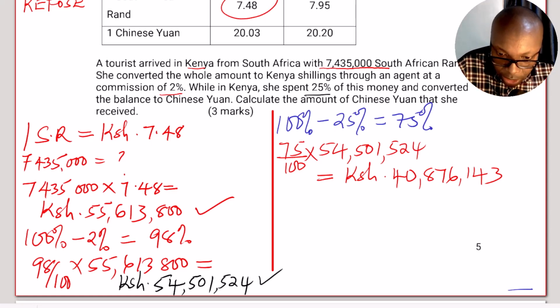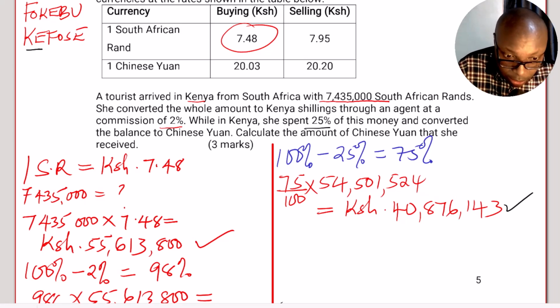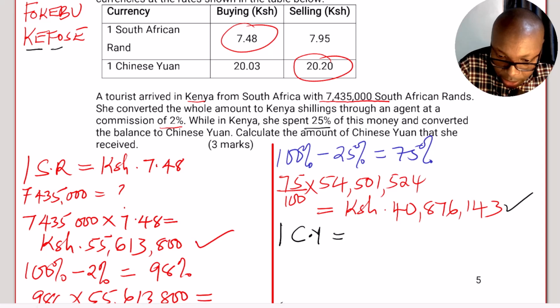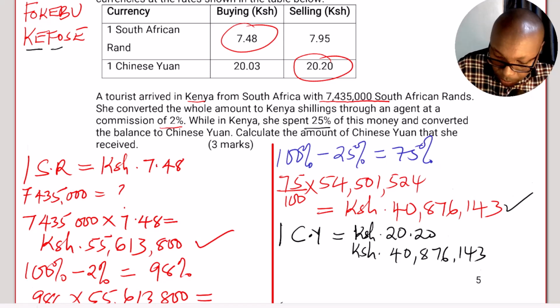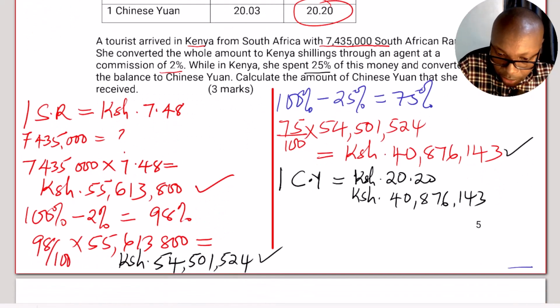That is 75%. Now this amount that remained, she converted it back to Chinese yuan. Now look at this. Now we are converting the Kenyan currency to foreign currency. So we sell. We are going to sell. So one Chinese yuan sells at Kenyan shillings 20 and 20 cents. So what about this amount, 40,876,143, about that amount? So we simply cross multiply and divide.